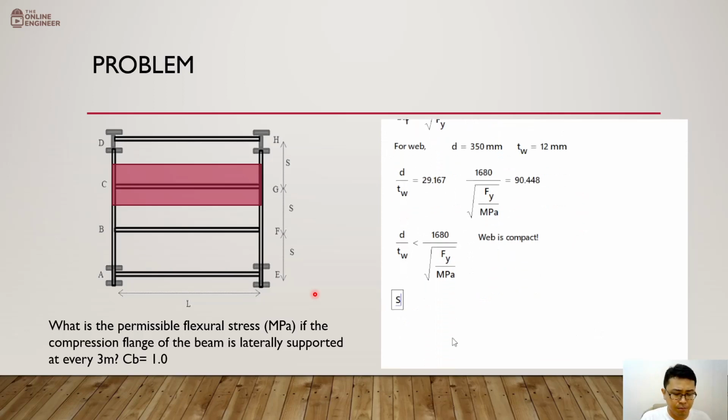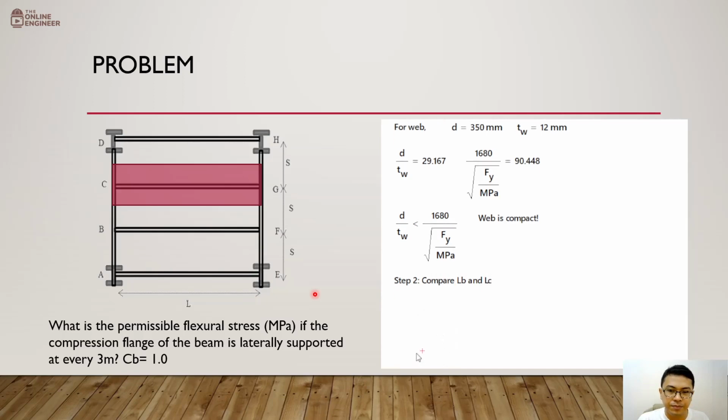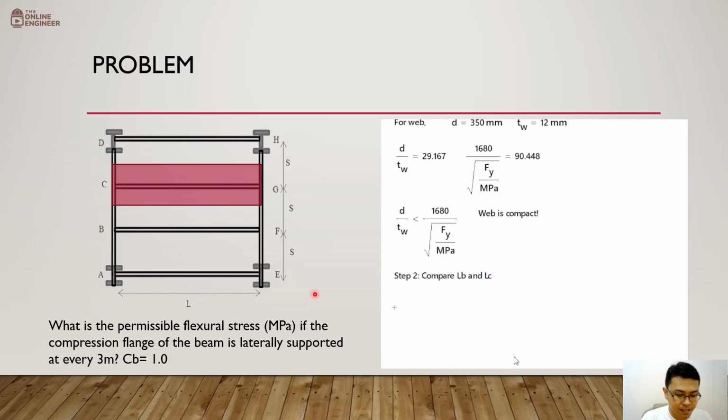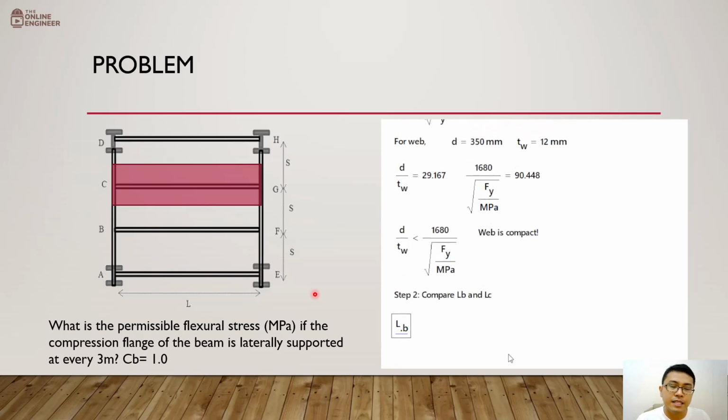Okay? So we have determined that. What's our next step? All right. So our next step is compare LB and LC. Okay, so what is LB? Our LB here is the unbraced or laterally unsupported length of the beam.